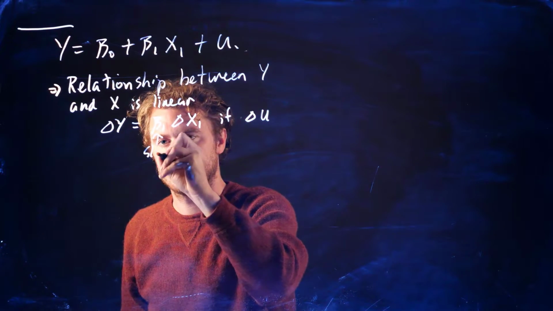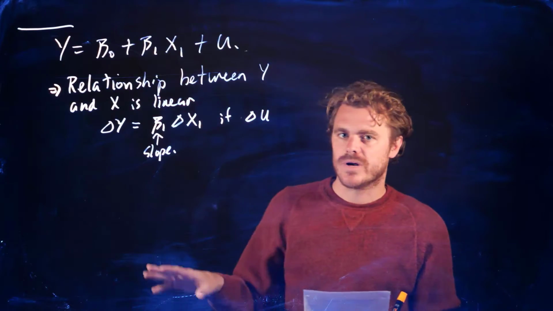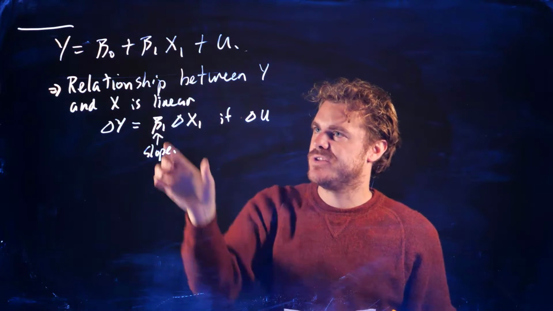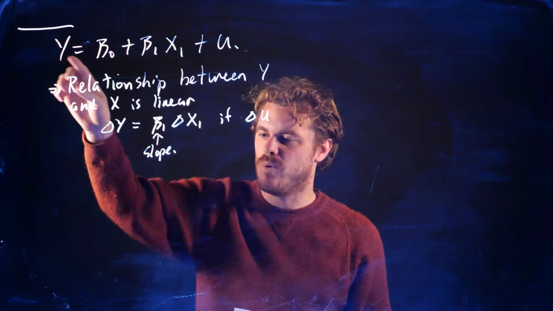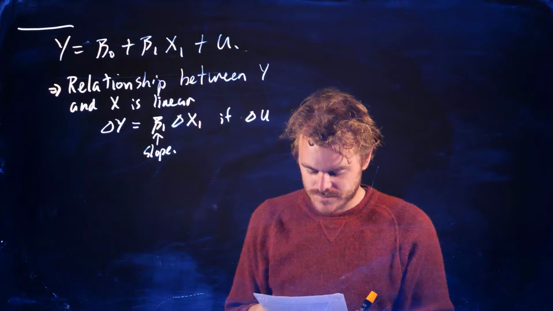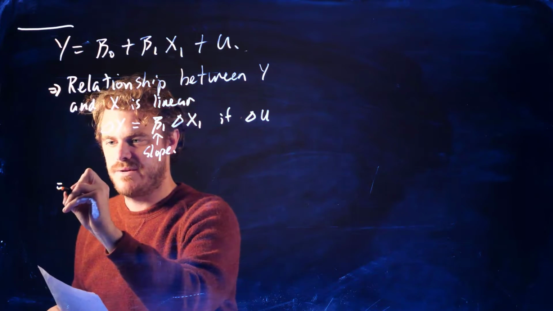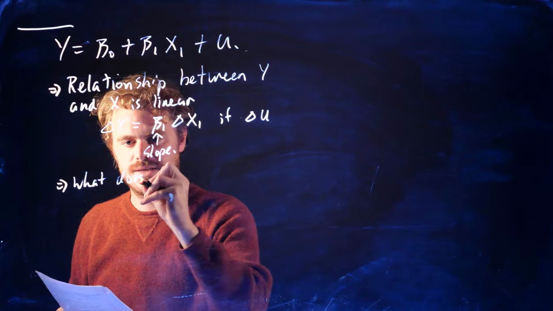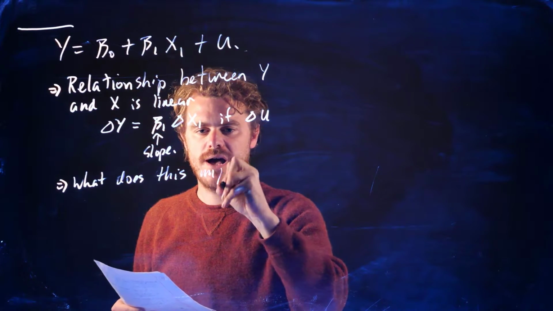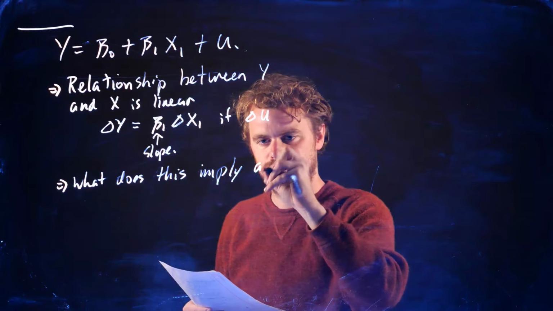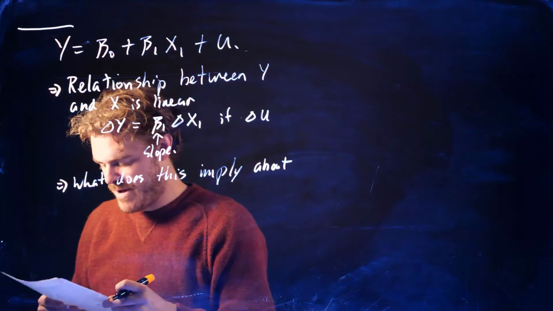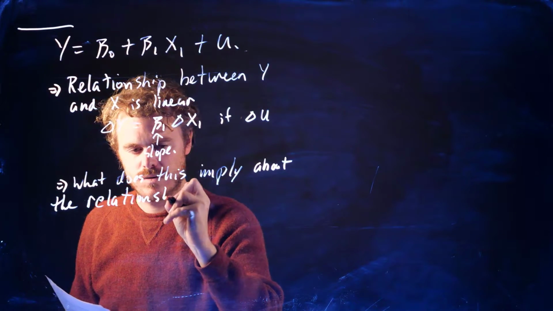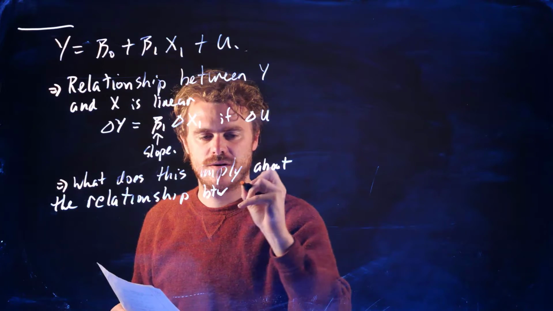So think of this as the slope. And so we're making this assumption. As soon as we write out a model that looks like this, we're making the assumption that the relationship between x1 and y is linear. So what does this imply about the relationship between y and x?